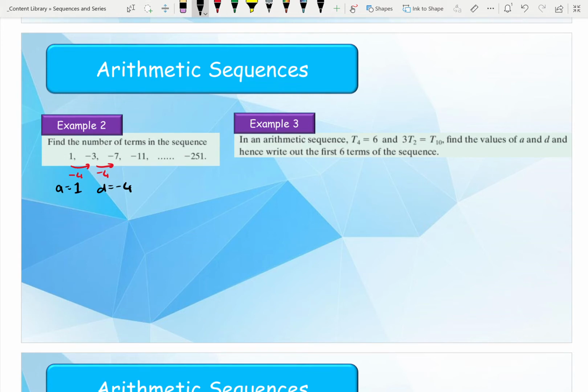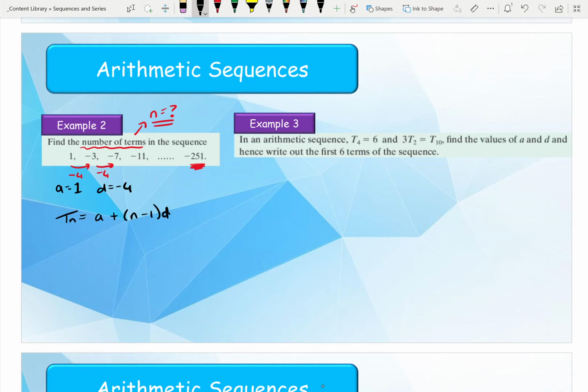But this time it asks me to find the number of terms. When it asks me to find the number of terms, it means I don't know n. But what it does give me is the final term, minus 251. So again, I'm going to take my general formula, Tn is equal to a plus n minus 1 times d.